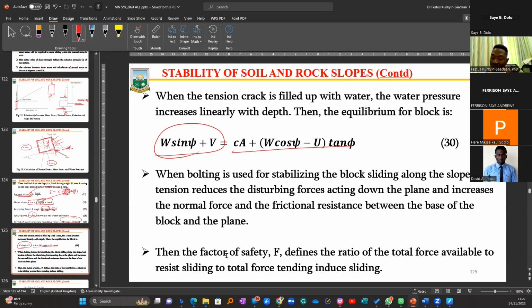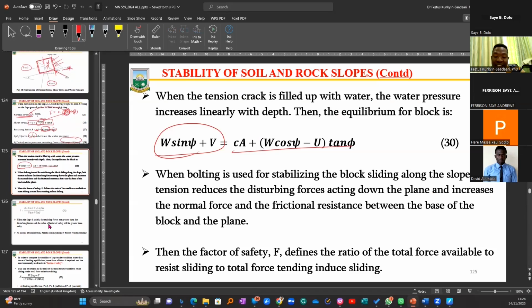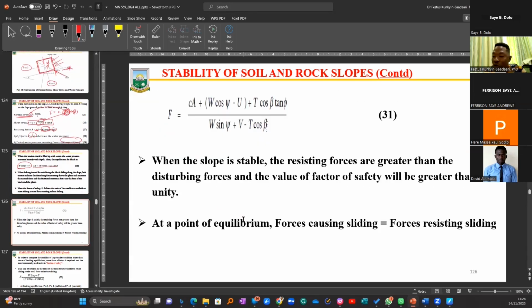So that is what we have here. When bolting is used, when we bring in the bolt to avoid the failure or to enhance the stability, then that bolting is also considered in the expression, which is the T.